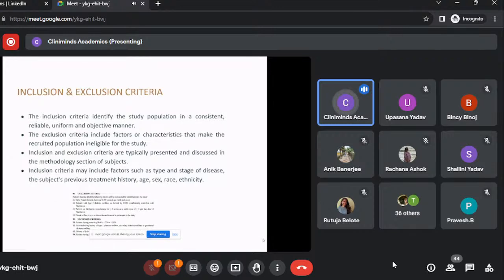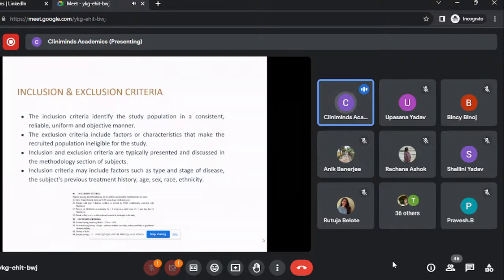There will be criteria based on different factors. Can you tell me some of the factors related to this inclusion exclusion criteria? Age, sex, race, gender, then previous treatment history and previous information, like some of the medical conditions the subject may have.